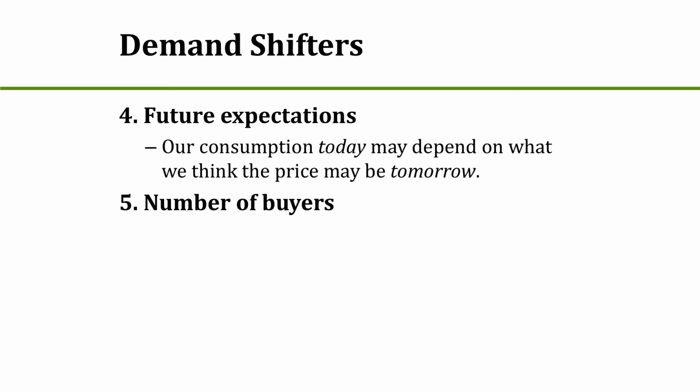That's why when the future expected price of that good is going to be lower, we say that the demand for today should go down. That means demand should shift to the left for today. But if the opposite happens, let's say the price of the good is $100 and you think there's huge inflation.